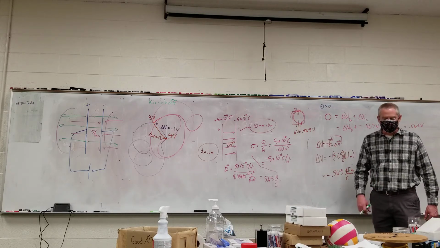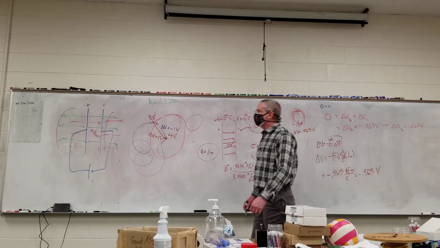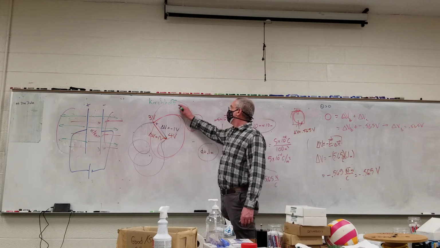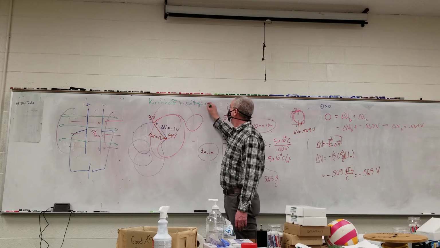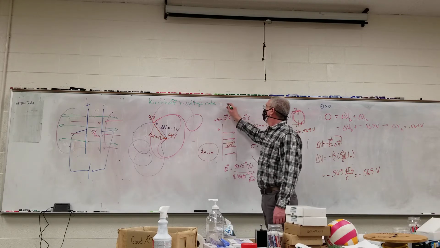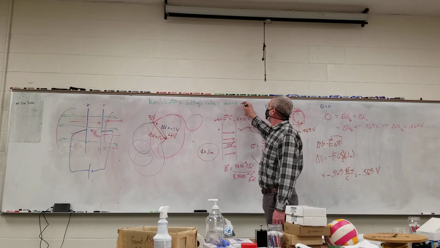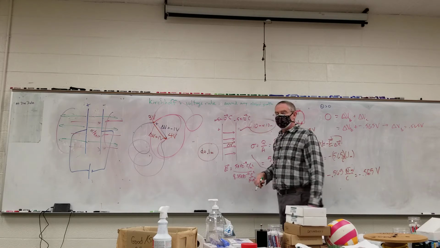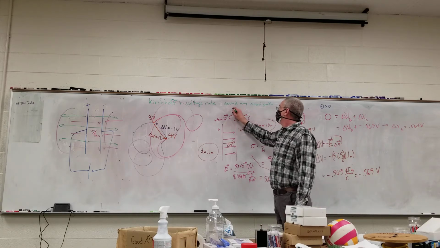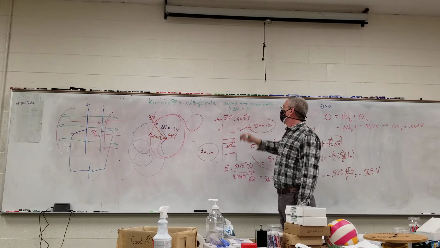Now the textbook puts Kirchhoff in chapter 29, but we're going to exploit it anyway. So Kirchhoff voltage rule: around any closed path, in other words, you end up where you started, the sum of the voltages is 0.